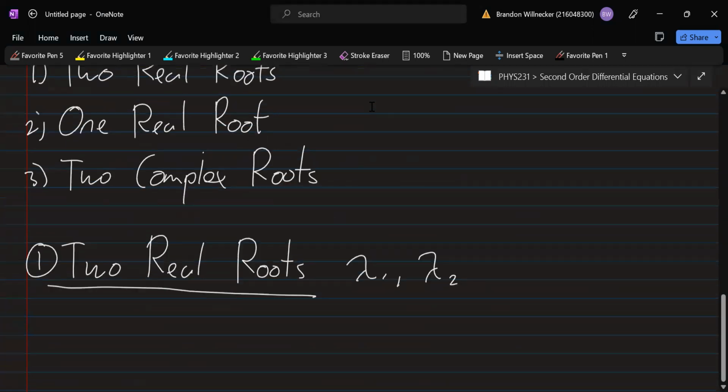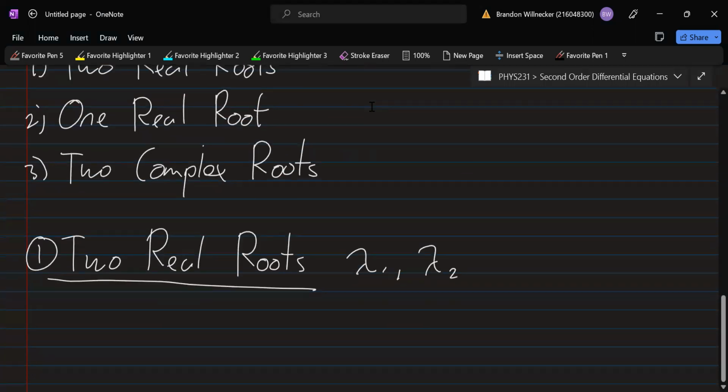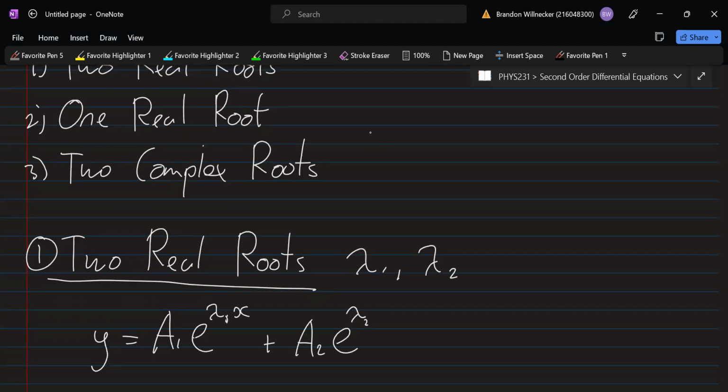So we have y is equal to a1 e to the lambda 1 x, that's a valid solution, but a2 e to the lambda 2 x is also a solution, so the sum of them is again a solution. This is the most general form that we can have.